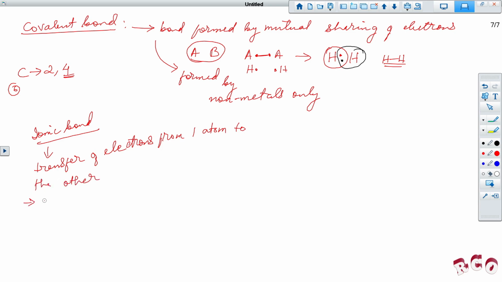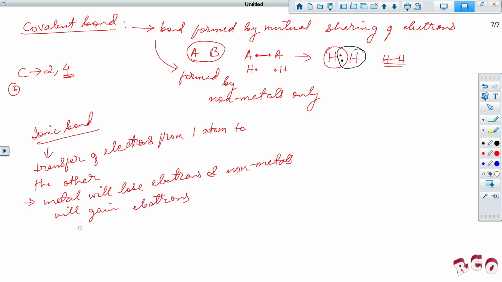That means metals will lose electrons, and non-metals will gain electrons.